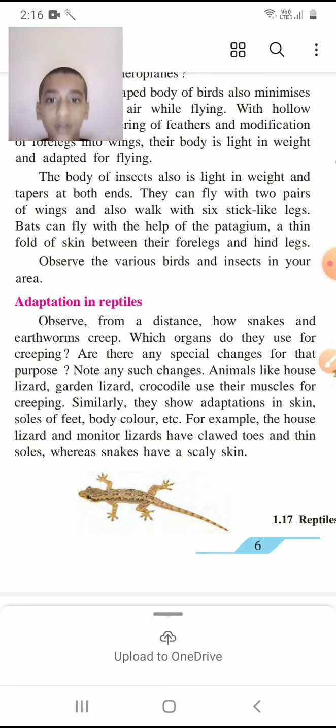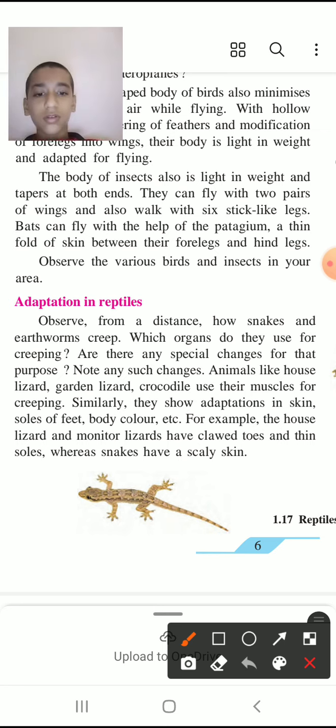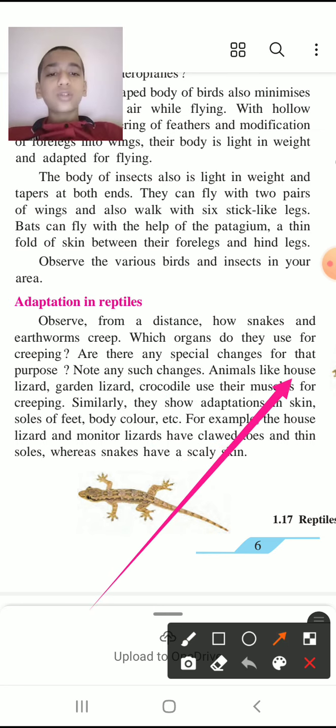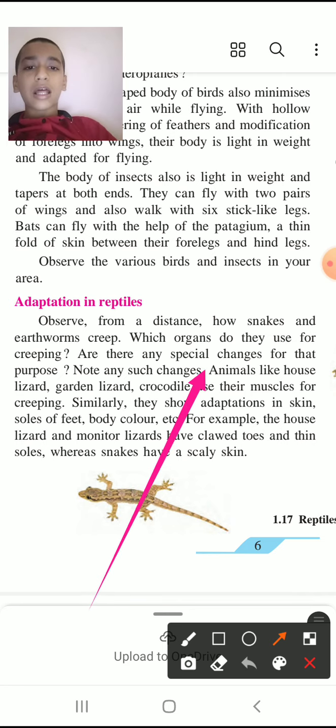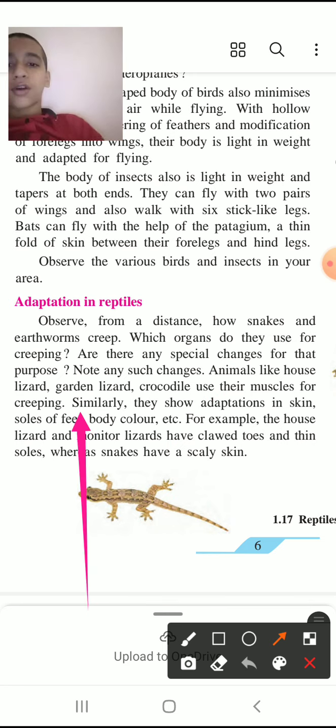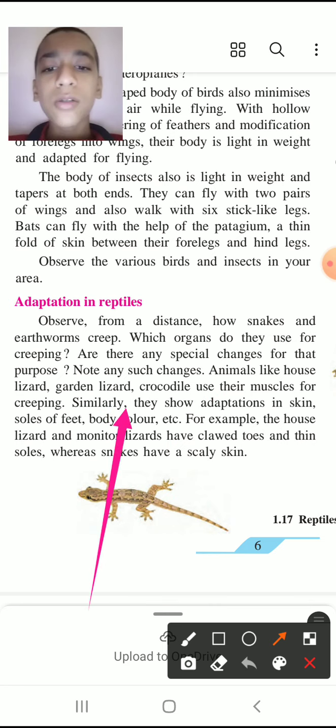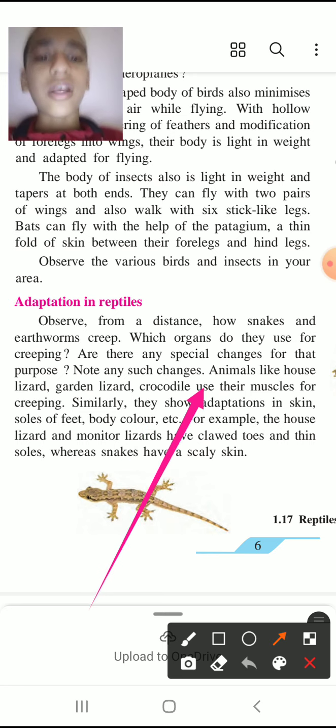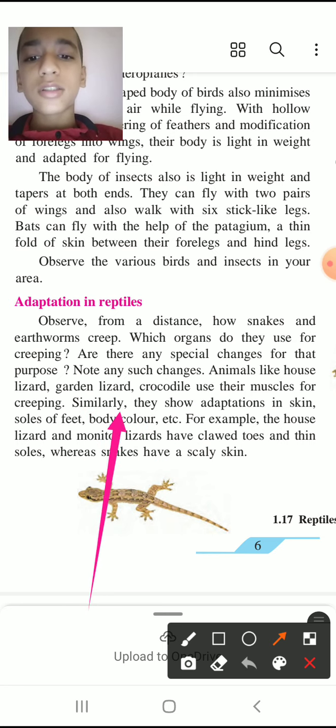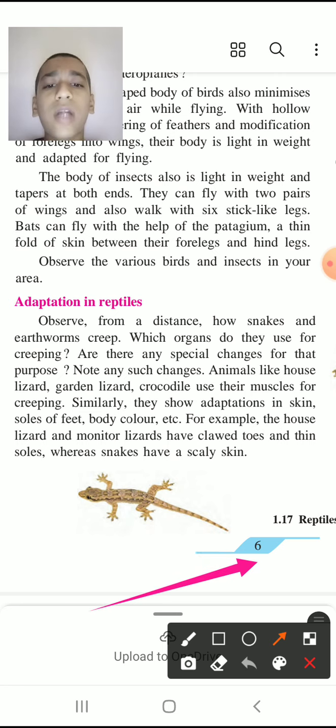Once again, which organs do they use for creeping? Are there any special changes for that purpose? Not any such changes. Animals like house lizard, garden lizard, crocodile use their muscles for creeping.